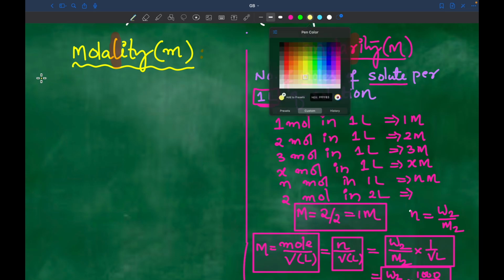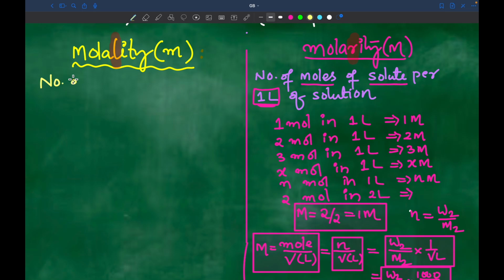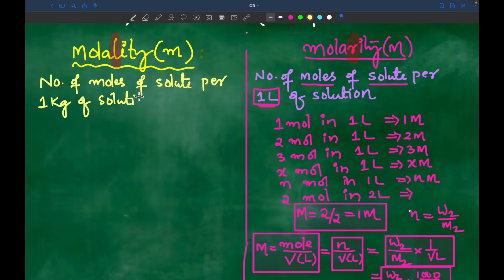Right, so molality has the same kind of definition. It is the number of moles of solute per 1 kg of solvent. Look, there is only one difference between these two: molality is per 1 kilogram, whereas molarity is per 1 liter.